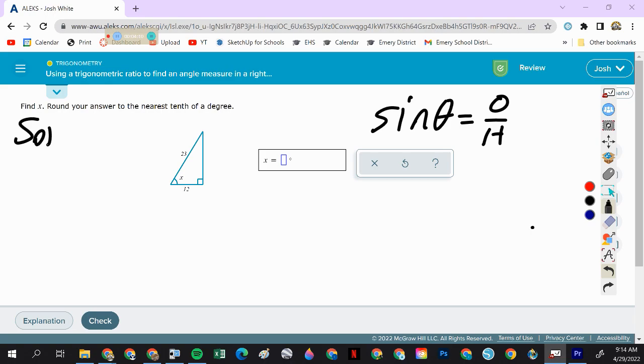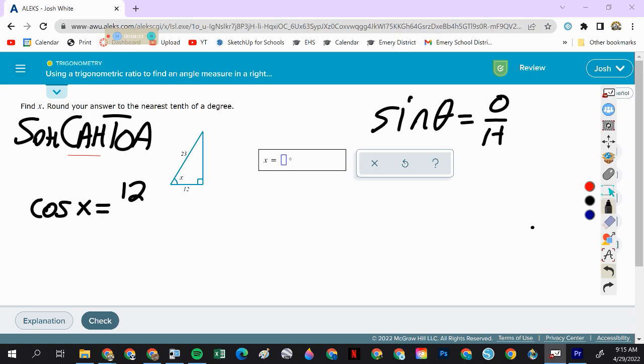So if we write down SOHCAHTOA, we need cosine. So I'm going to write the cosine of X is equal to 12 over 23. But that doesn't tell me how big the angle is.